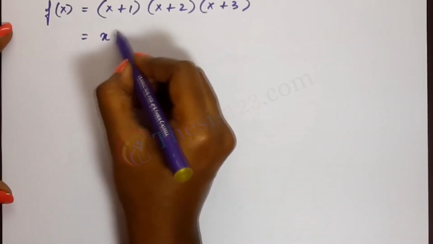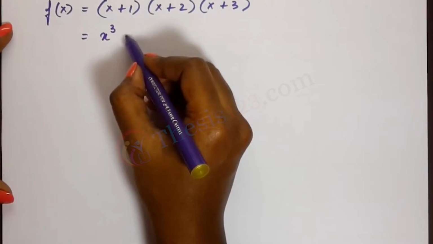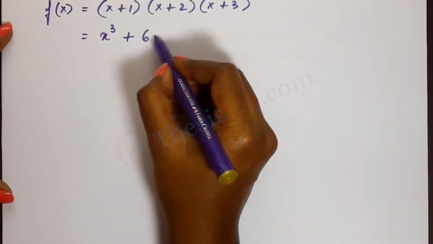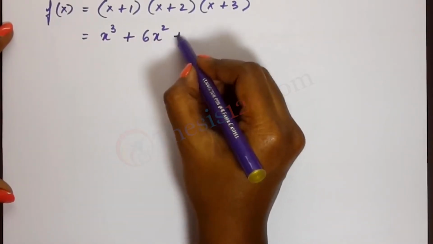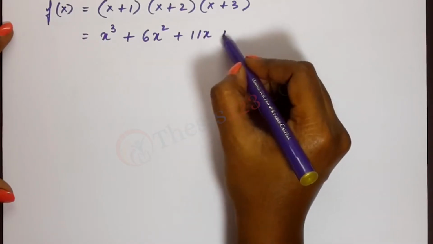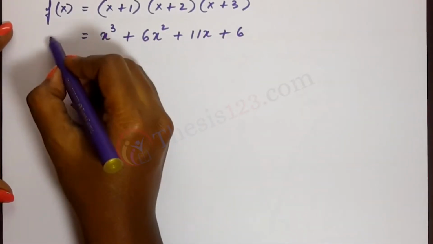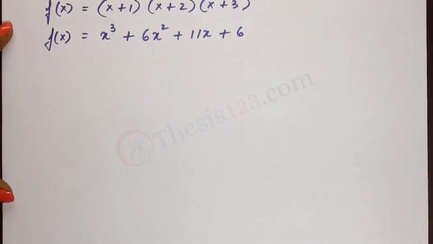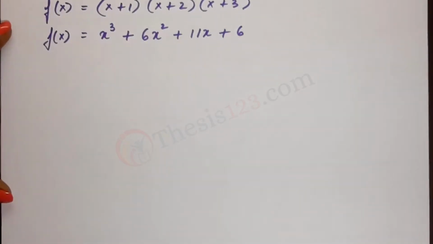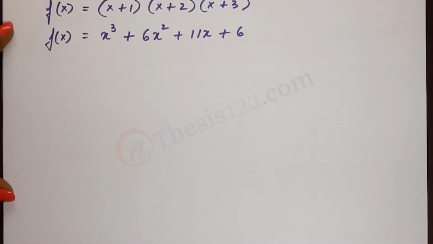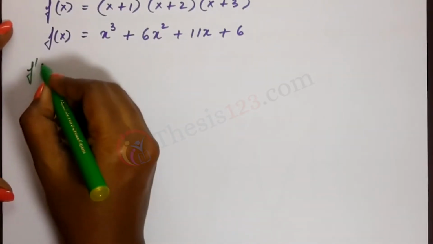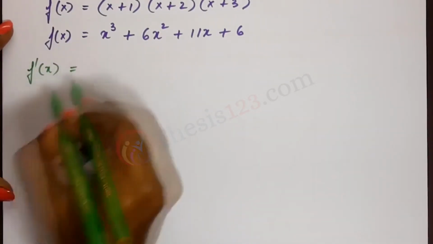If we expand it, we obtain x cubed plus 6x squared plus 11x plus 6. So this is f of x. Since we are supposed to find the minimum and maximum values, we have to find the derivative of this equation. So we start with f dash of x.